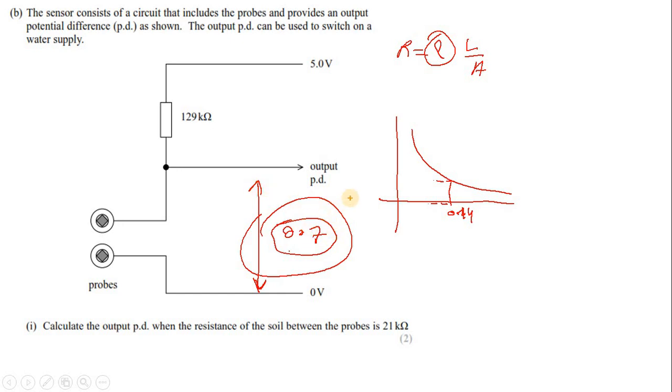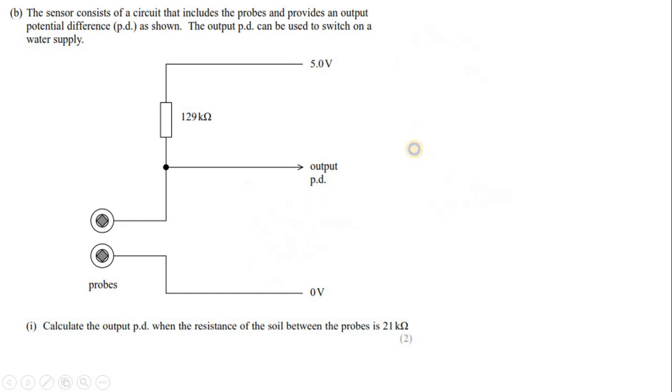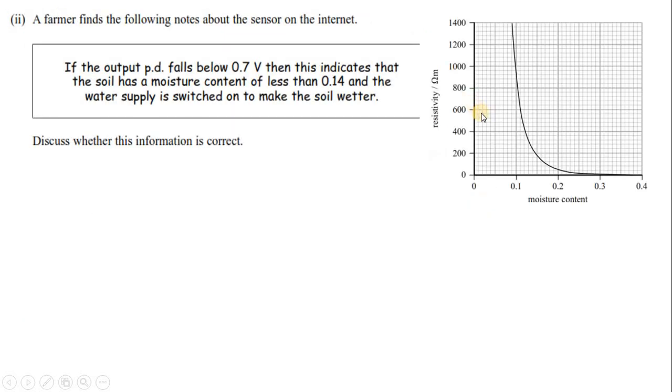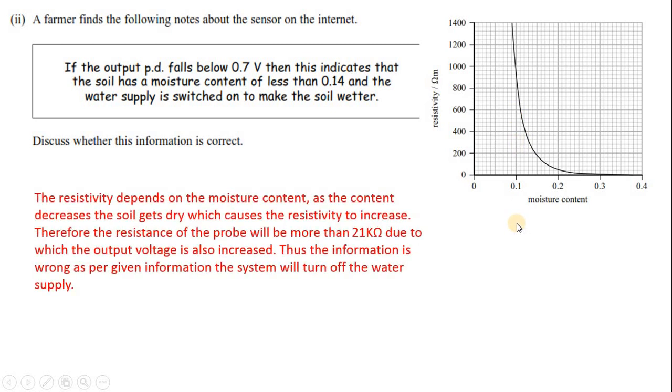So the statement is absolutely wrong, because it will turn off the water supply rather than turn it on. That's how you can combine all these relations. You can see from here, moisture content decreasing, so resistivity increasing. That's how you can write it.